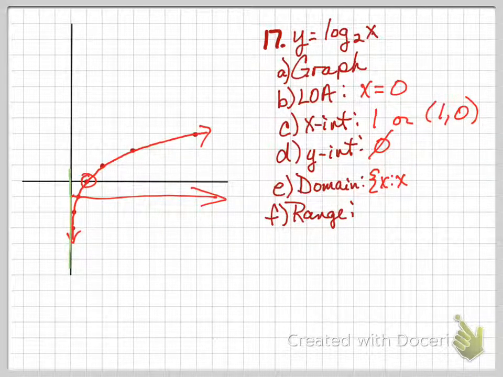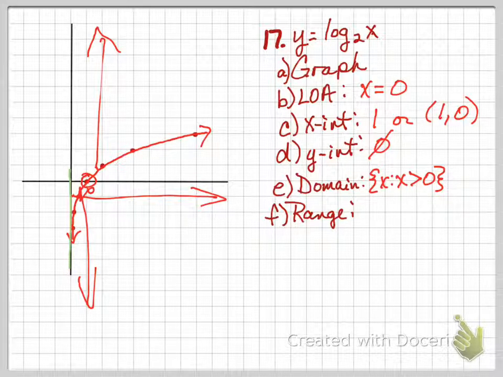Remember, it's not equal to. And then my range, that's everything. It keeps going on down. It keeps going on up as it goes out. So, y is all real numbers. Pretty easy.